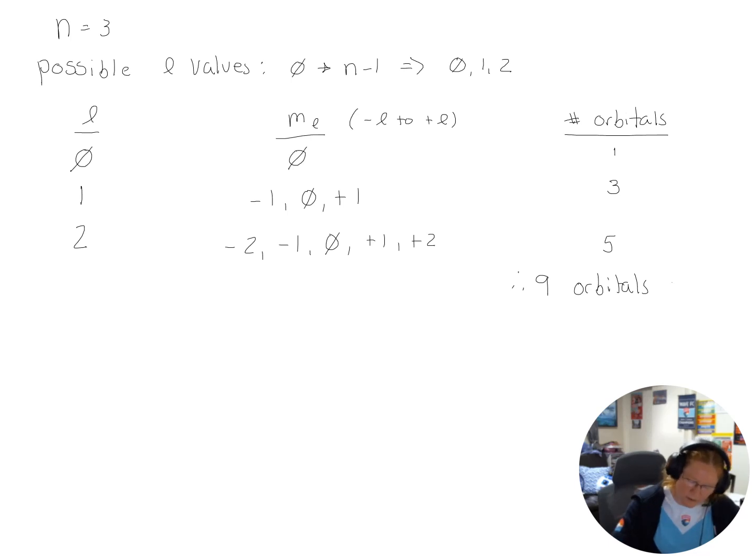Okay, 9 orbitals with an n equals 3. So I can potentially have 9 different orbitals that all have an n value that equals 3.